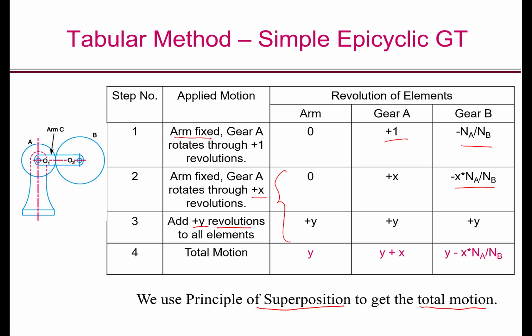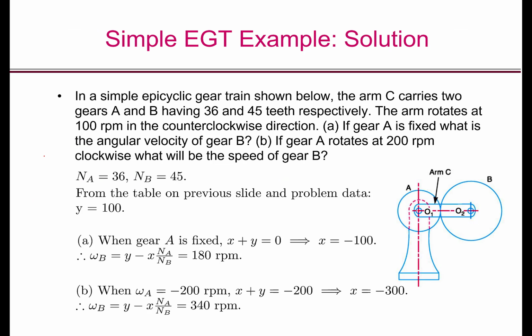Once I create this table, which is just dependent on this simple gear train and is not dependent on any numbers that I put in, I will use the numbers from the previous problem to obtain X and Y, and therefore the angular velocities of the gear B. So from the given data, I have NA as 36 and NB as 45.